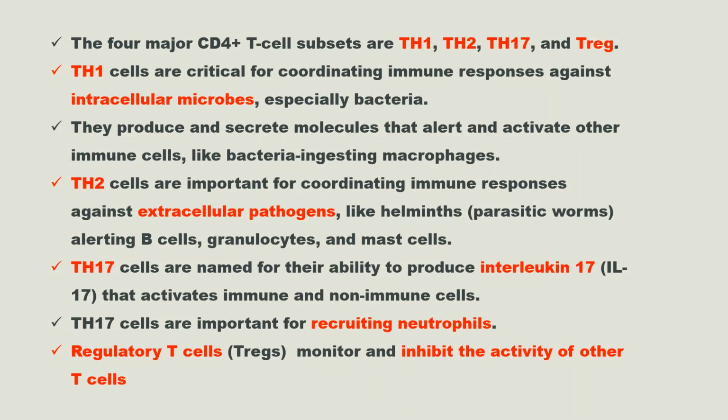So this interleukin 17 is produced by T helper cell 17 and will help in the activation of other immune and non-immune cells. Th17 cells are important for recruiting neutrophils. Regulatory T cells or Tregs will monitor and inhibit the activity of other T cells. So that will prevent the activity of other T cells. Okay.